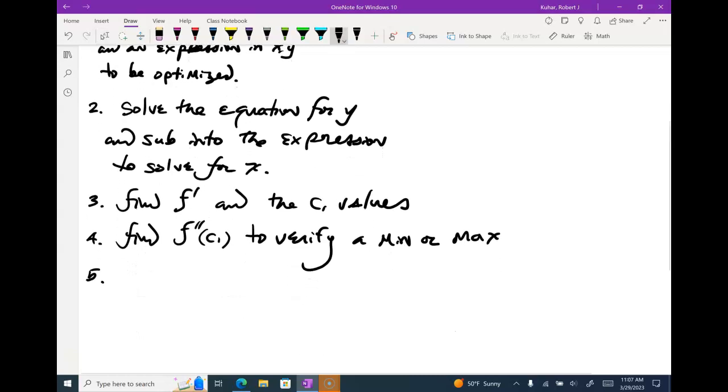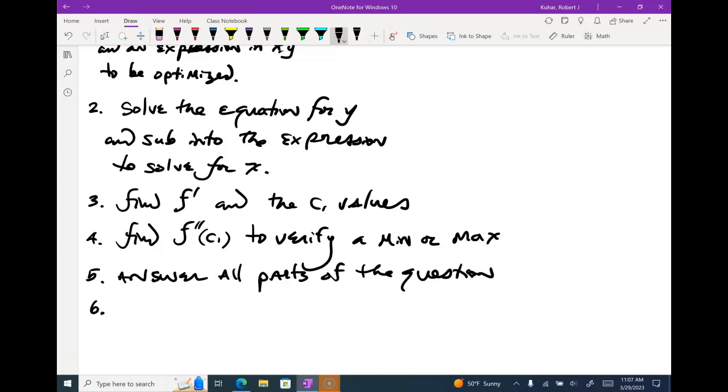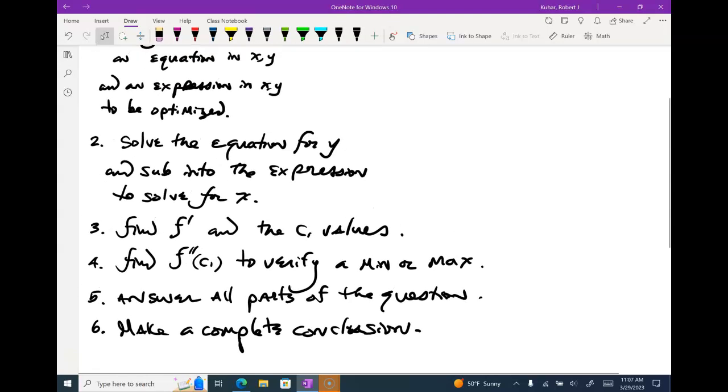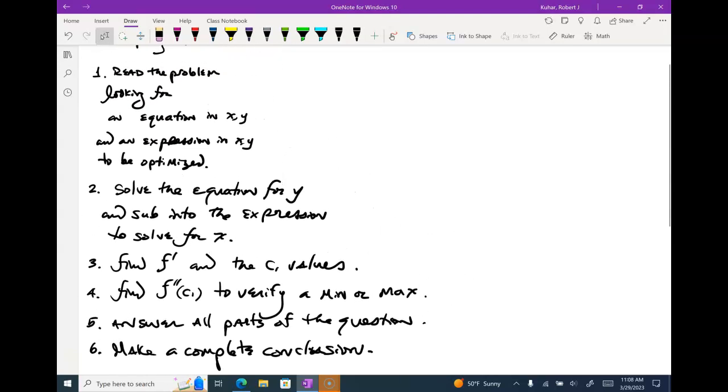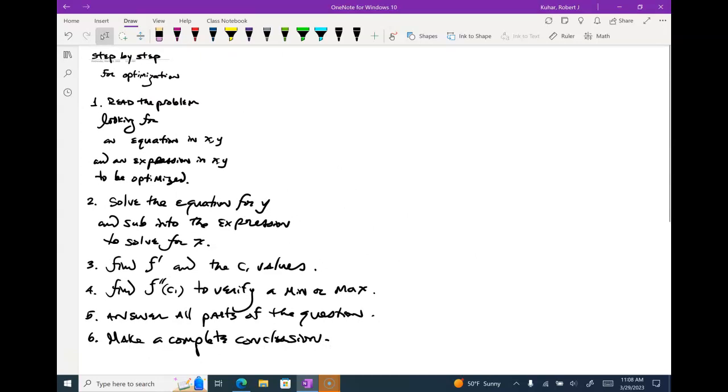Step 5, answer all of the parts of the question. And finally, step 6, make a conclusion. Beautiful.